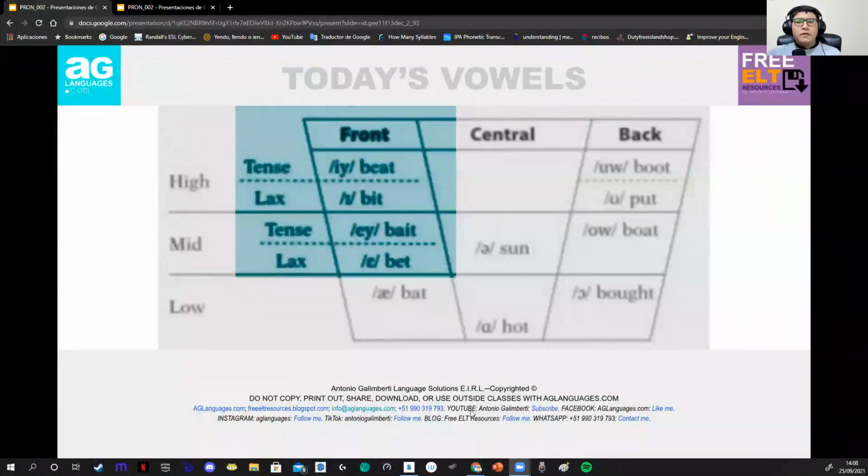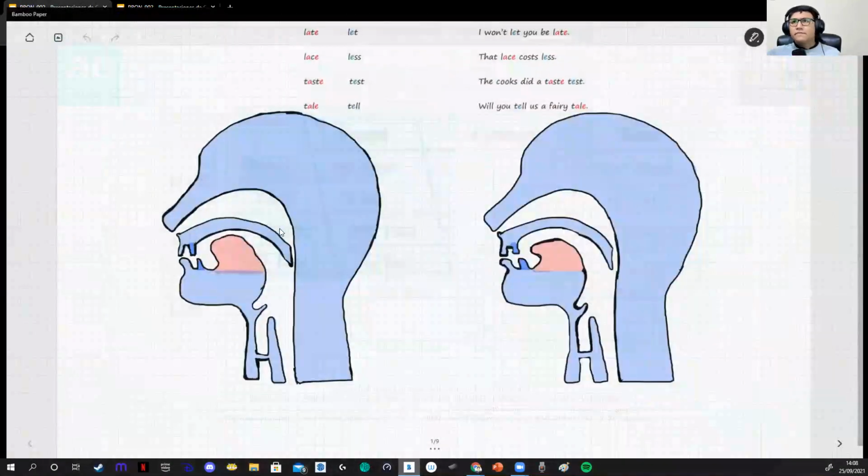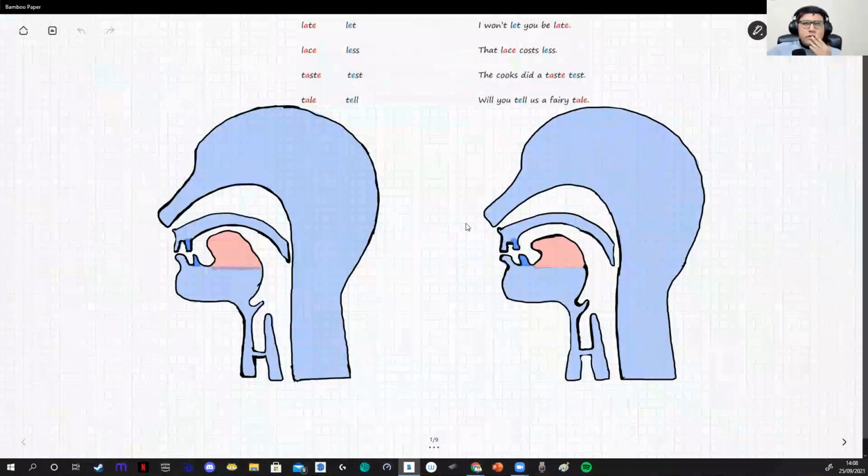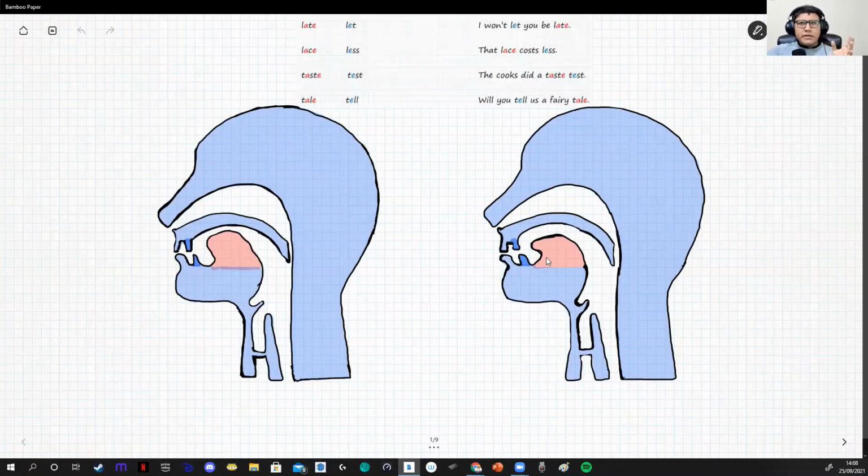Okay. Can you see this? So it's a drawing I made so you can tell where to position your tongue. You have in your articulators the tongue, the teeth, the lips, and the air that comes from your lungs. So it is very important where to position your tongue in order to produce a vowel, okay?